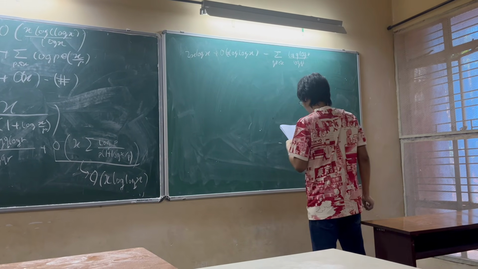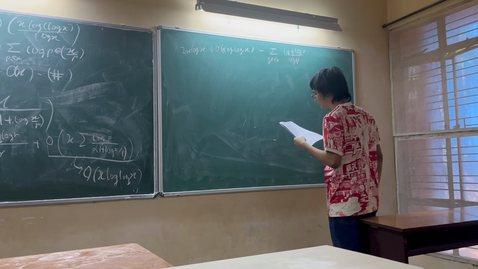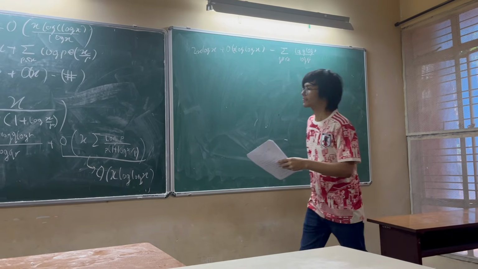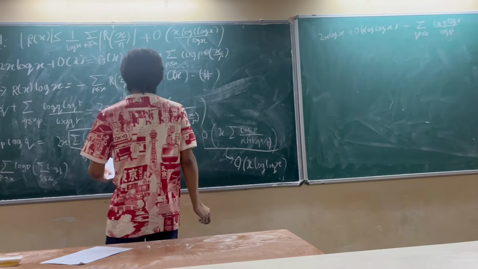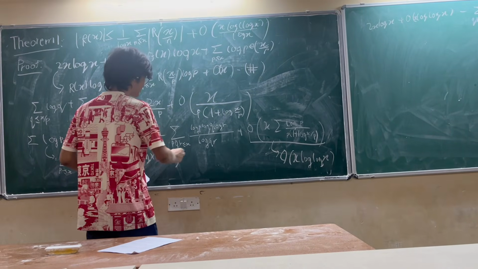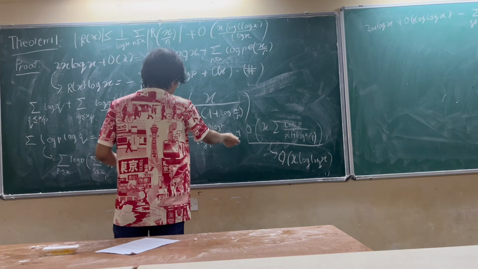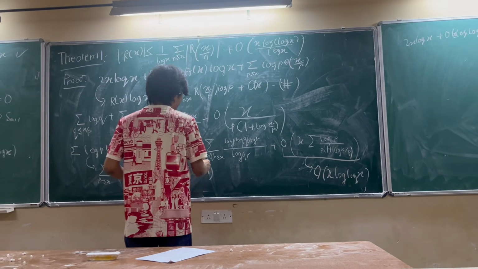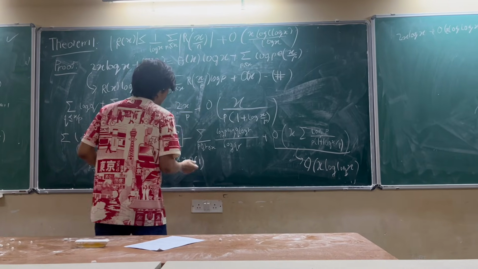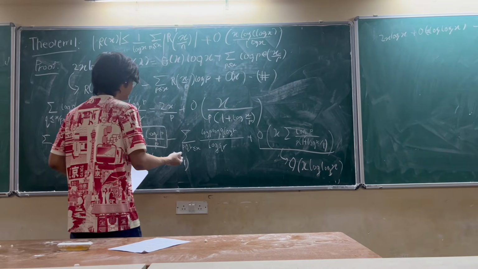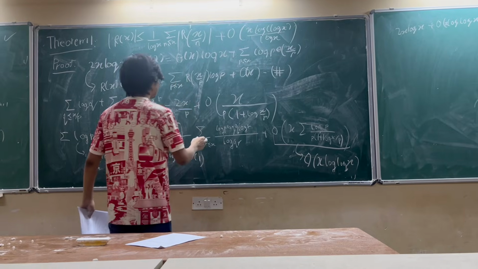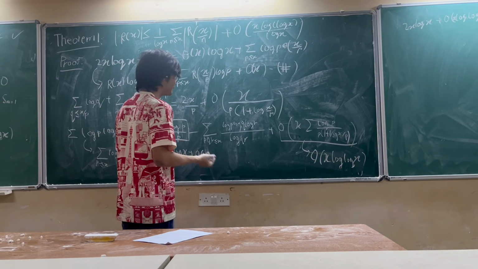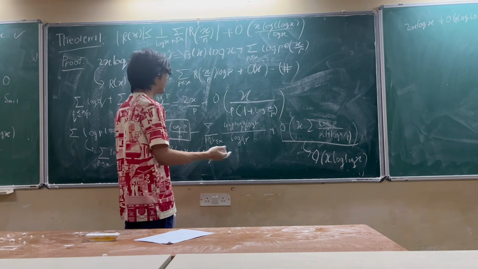Now here we get 3 primes p, q and r. So instead of writing it in this way, you can take the log p inside and impose the restriction that p is less than or equal to x by qr. When you impose the restriction p is less than or equal to x by qr, the entire summation of log p simply becomes theta of x by qr.